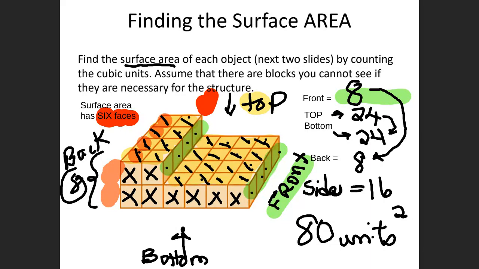In a surface area, you must see all 6 faces or sides of the box. Okay. Now, are there any questions with this one? This was my surface area by my counting.